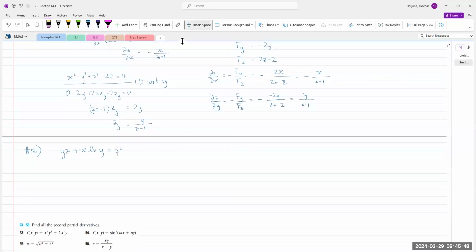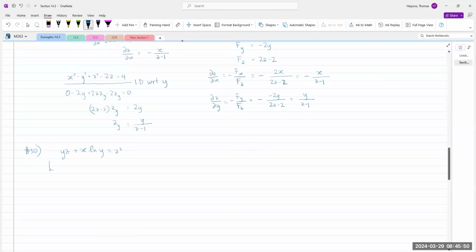We define capital F to be a function of x, y, z, which is yc plus x natural log of y minus c squared, and then we set it to a constant, in this case 0.